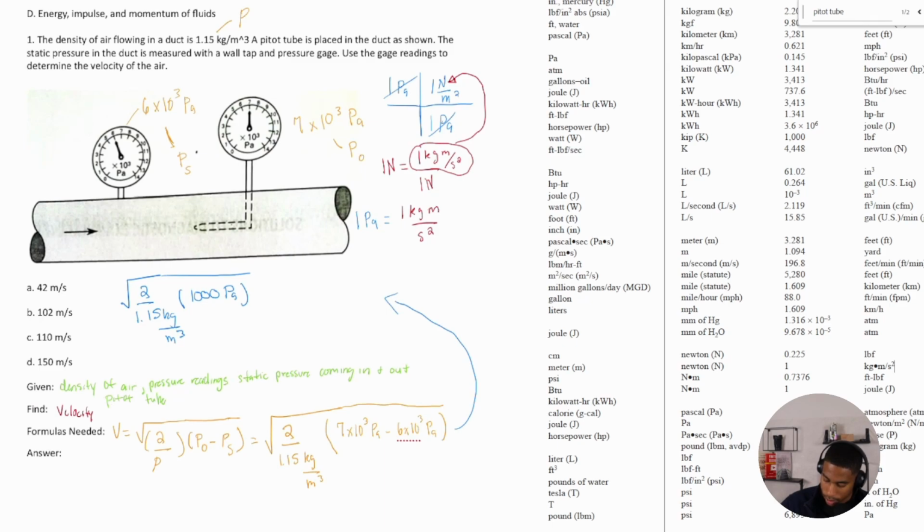And then all of that over meters squared. And so that simplifies to it just being kg over m dot s squared. Okay, so 1 Pa equals 1 kg over meters times second squared. All right, cool.